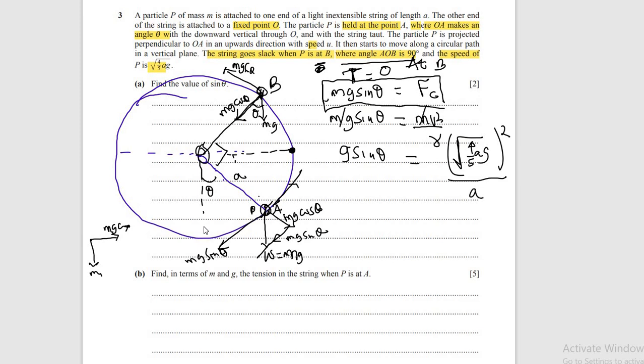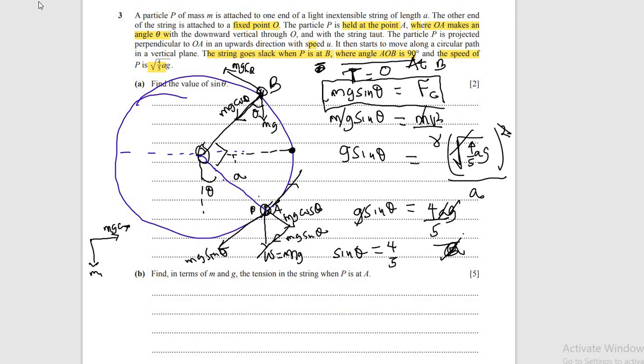So g sin theta equals 4 over 5 ag over a. The a cancels, the g cancels. At the end of the day, what's sin theta? Sin theta is 4 over 5. That's the answer.